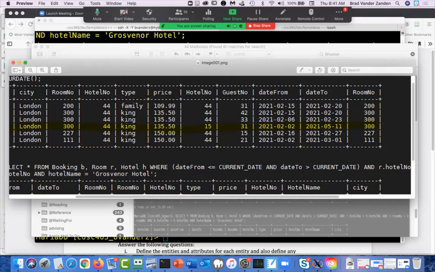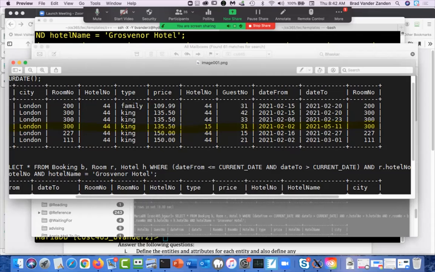But the problem was in the booking relation, room 300, that actual reservation was associated with Hotel 15 and not Hotel 44. So the problem was when you did not do a kind of a double join, a join on both the room number and the hotel number, you found rooms that weren't only in the Grosvenor Hotel, but you found rooms that were currently occupied in other hotels as well.